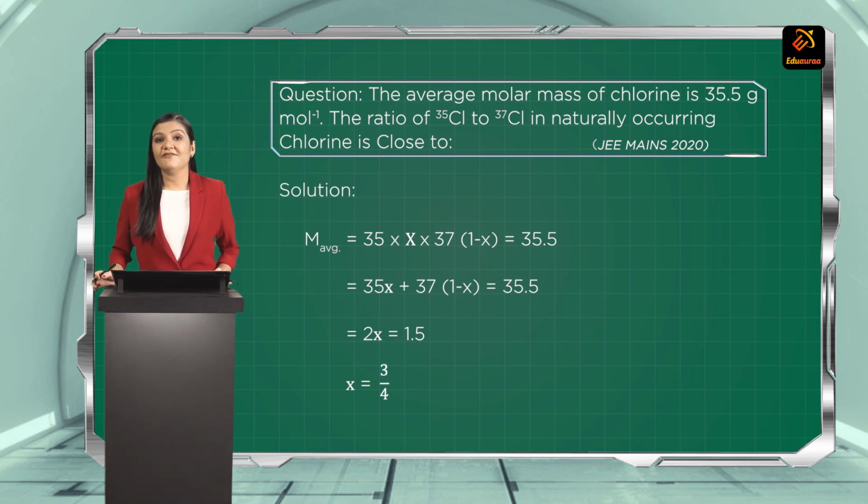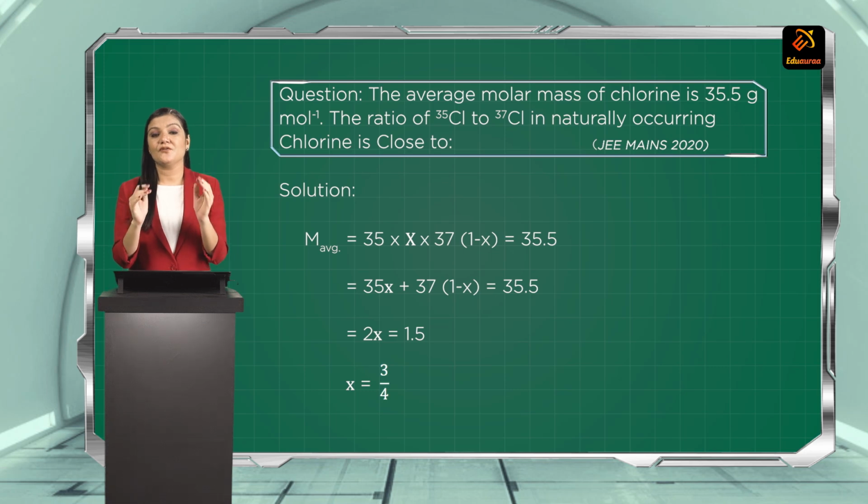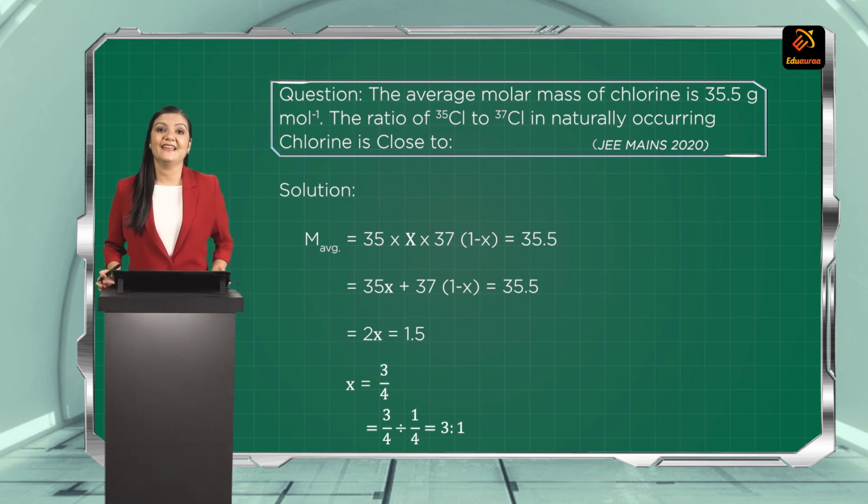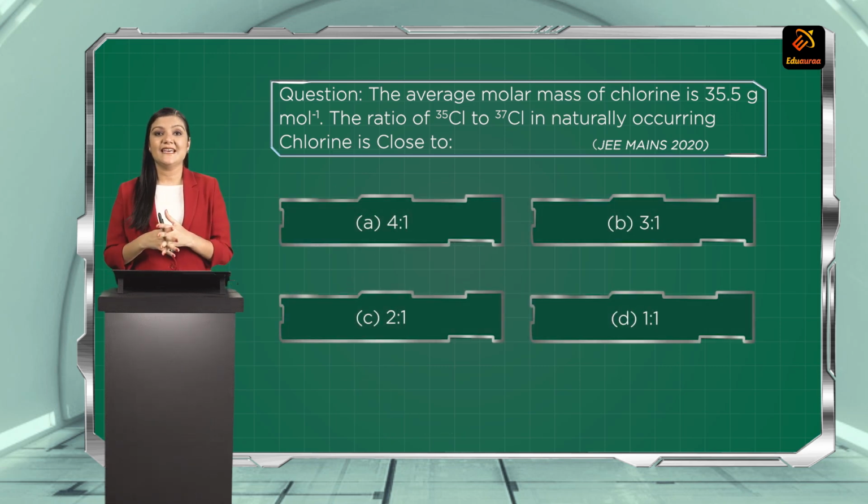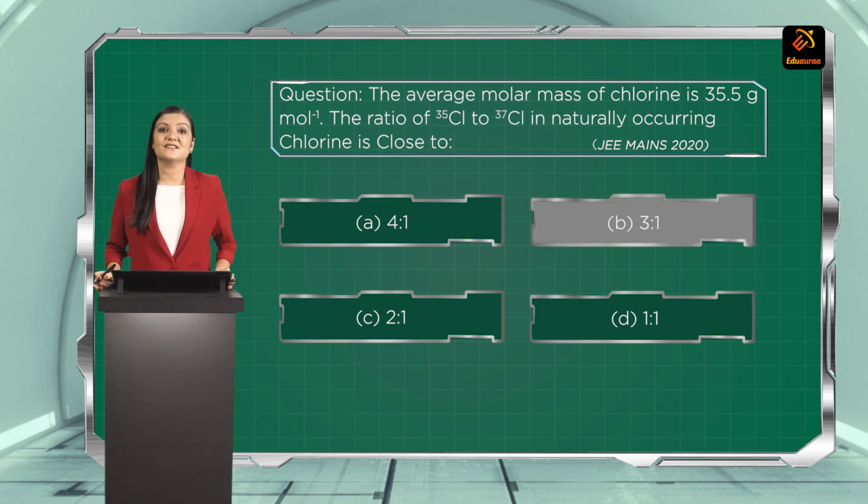So if I check the ratio of chlorine 35 to chlorine 37, ratio is 3/4 divided by 1/4, because out of 4 parts, 3 parts are there for chlorine 35. So remaining 1 part will be for chlorine 37. Therefore it is 3/4 divided by 1/4, and the answer will be equal to 3:1. So 3:1 is there in which option, that we will see. So correct option for given question is option B, that is 3:1.